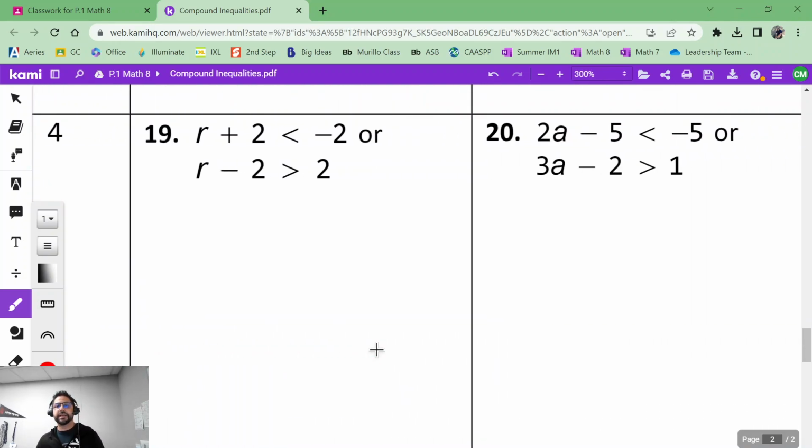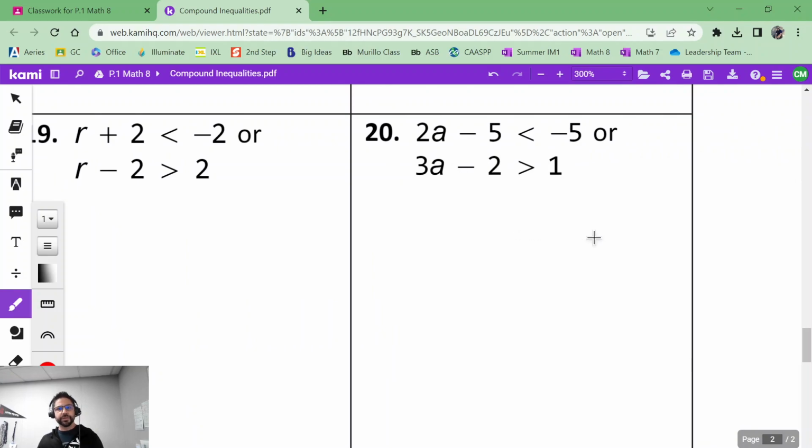All right, look at number 20. Number 20, again, is really just 2 separate problems. So I'm going to go ahead and see if I can space them out a little bit better. So I'm going to say 2a minus 5 is less than negative 5. We got our or, and then 3a minus 2 is greater than 1. So again, just 2 separate problems.